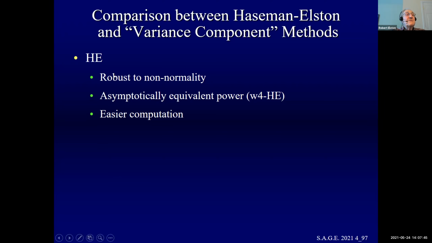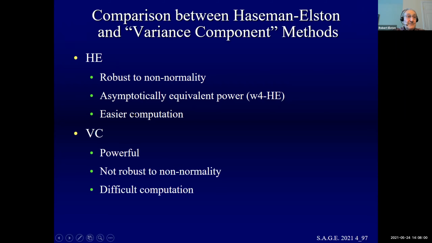So the Haseman-Elston is robust to non-normality, and it's asymptotically equivalent in power if you use the W4 method. And it's much easier to compute. The so-called variance component or likelihood method is powerful, not robust to non-normality, and it's difficult computationally.